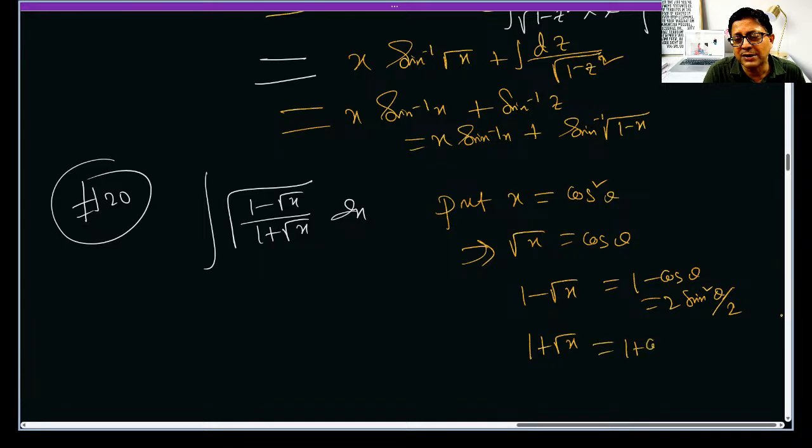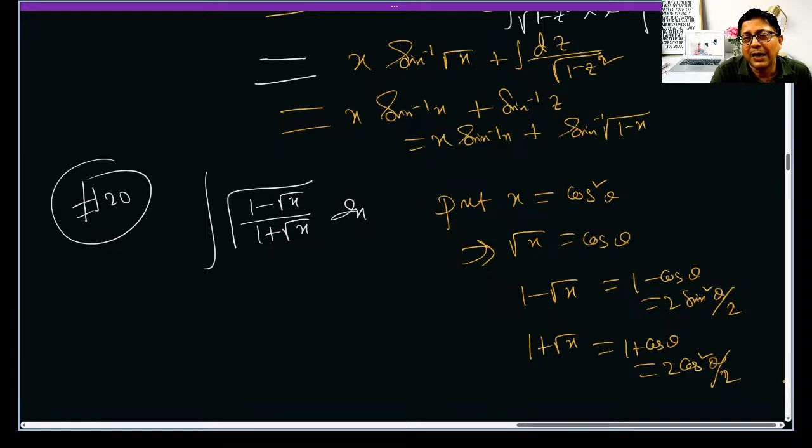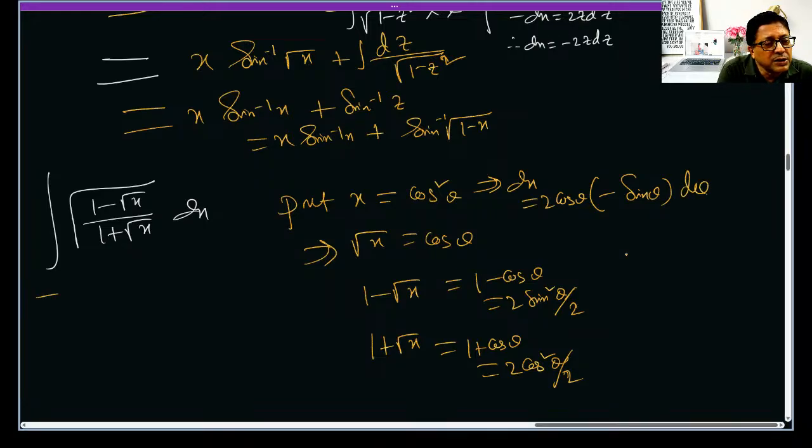1 plus root x is 2 cos square theta by 2, and this implies dx equals 2 cos theta multiplied by minus sin theta into d theta.